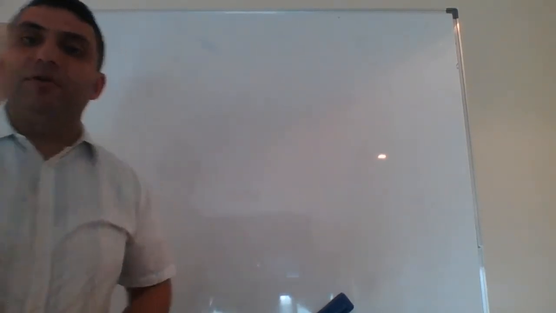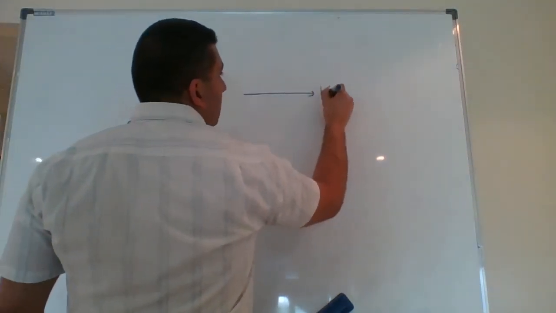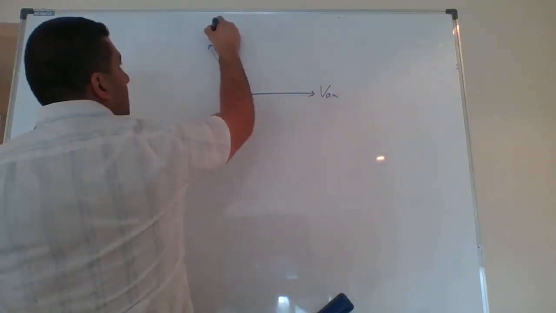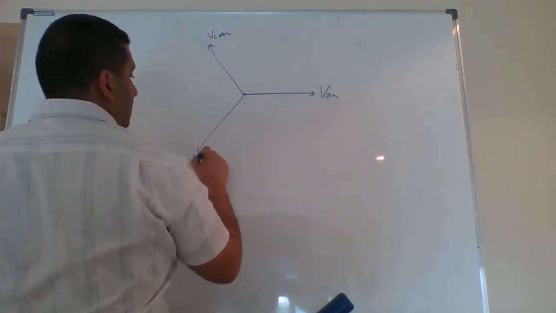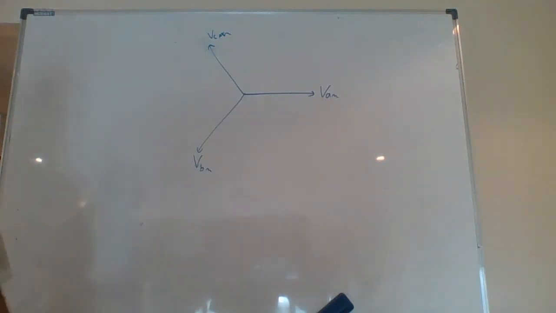What we did before, let's say this is a positive sequence. I have VAN, that's VCN, and that's VBN. These are the three phase voltages of a positive sequence.